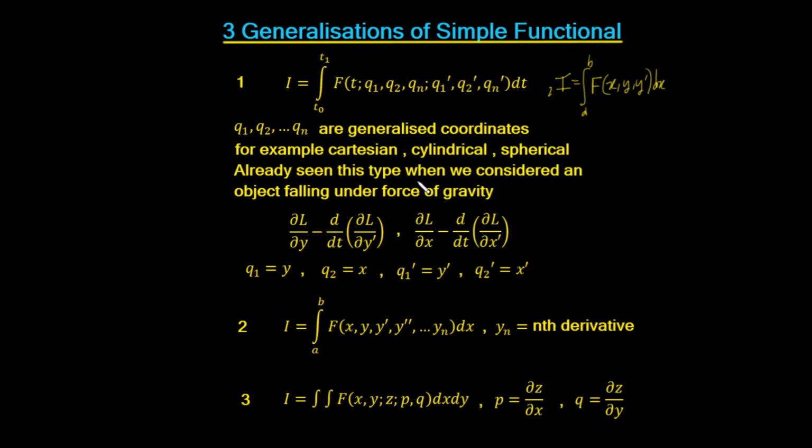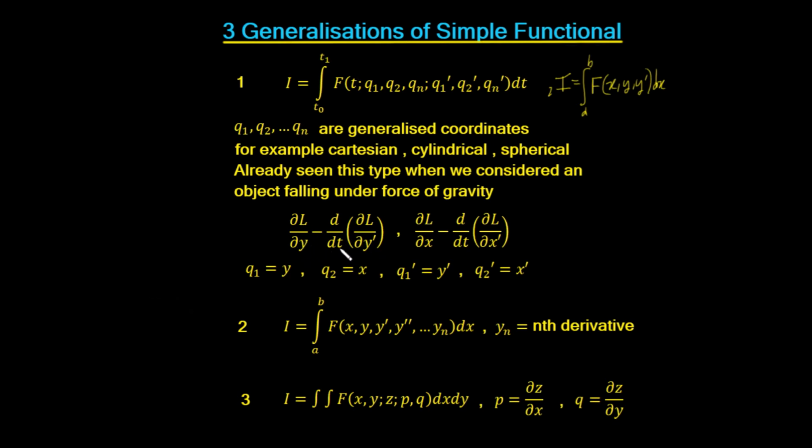In that video, we worked out the Euler-Lagrange equation for a particular Lagrangian, in terms of the y-coordinate and also in terms of the x-coordinate. So if you're unsure, you can always go back to that video and have a look. All we're really doing here is extending the Euler-Lagrange equation to different coordinates.